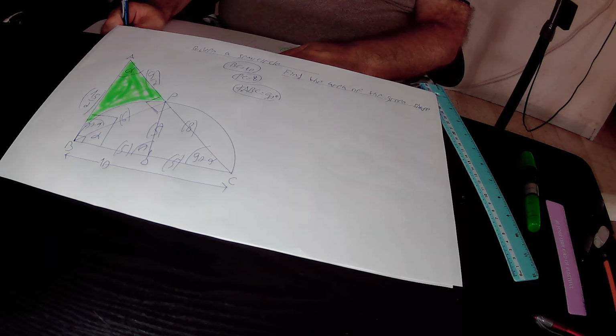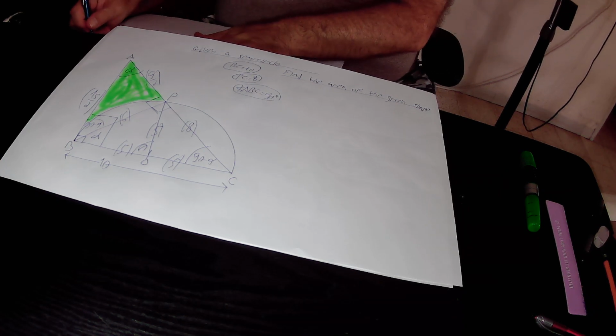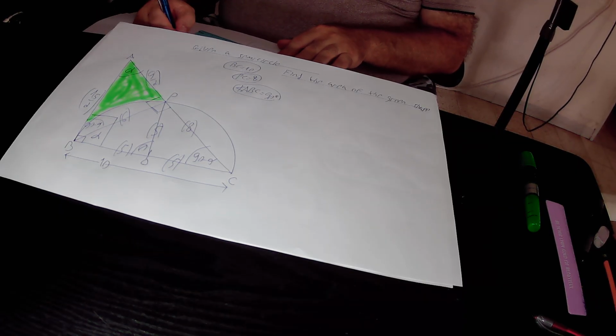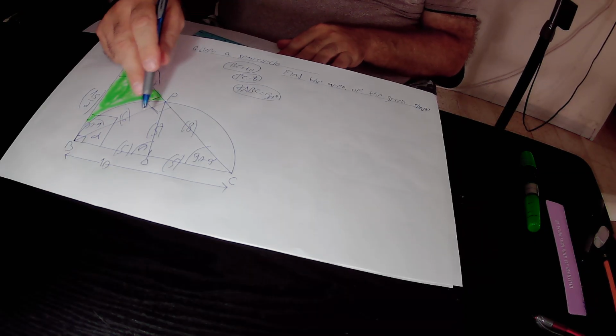According to the law of cosines, in triangle POB, the following equation is true: cosine theta equals 5 squared plus 5 squared minus 6 squared over 2 times 5 times 5.